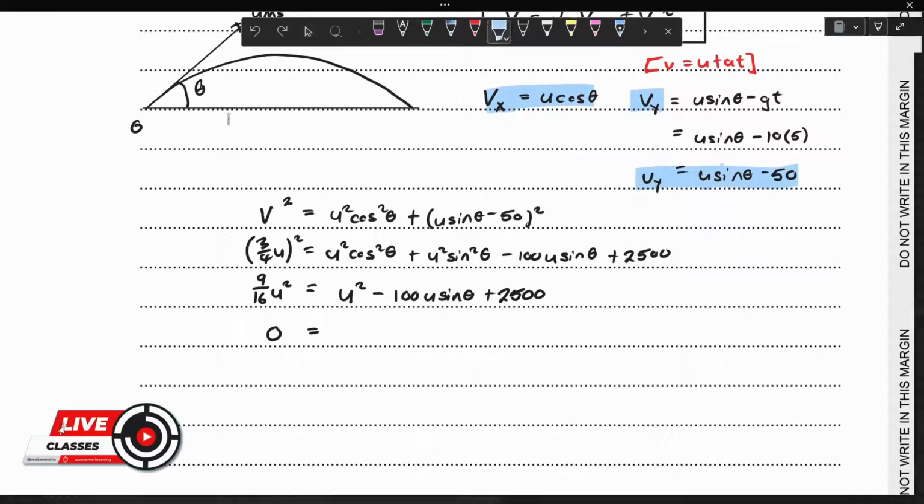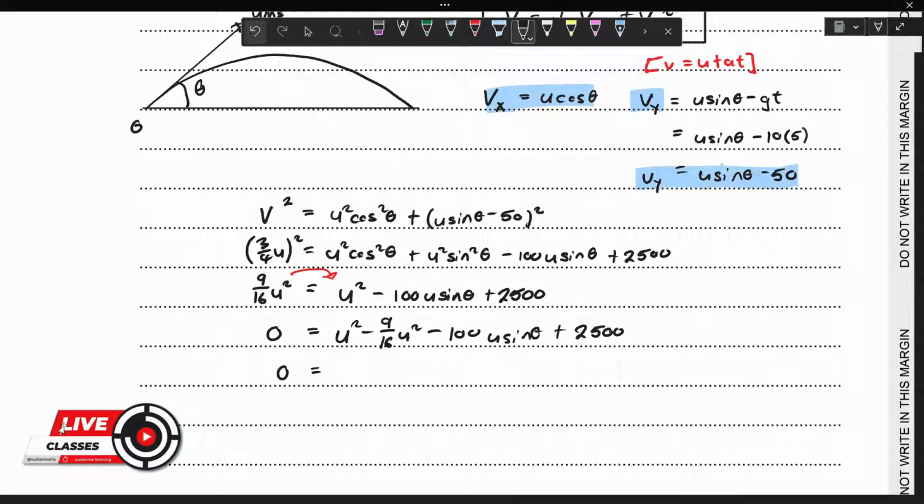Let's move 9 over 16 u squared to the right. It will now be u squared minus 9 over 16 u squared minus 100 u sine theta plus 2,500. So 0 would be, what's u squared minus 9 over 16 u squared?